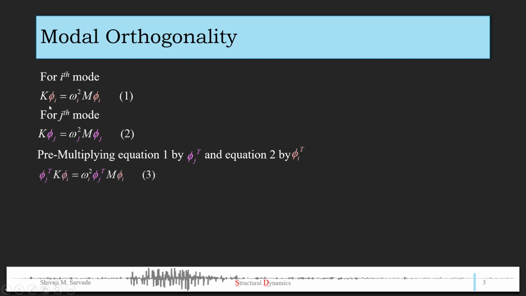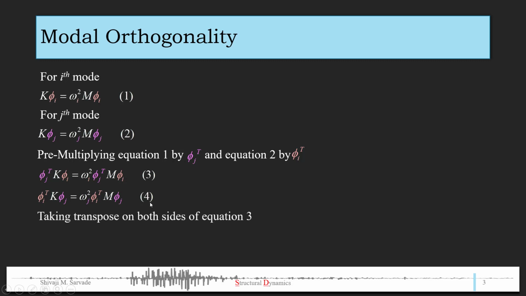So if I am multiplying phi j transpose k phi i equal to phi j transpose into m into phi i, omega i square is a scalar quantity, so it doesn't get affected, so we are writing it in the beginning. Now if I multiply phi i transpose to equation 2, it will become phi i transpose into k phi j equal to, now omega j is a scalar quantity, so this is omega j square phi i transpose into m into phi j.